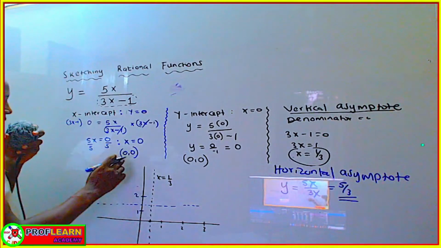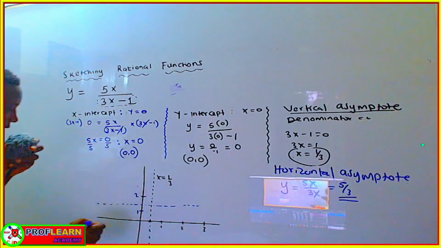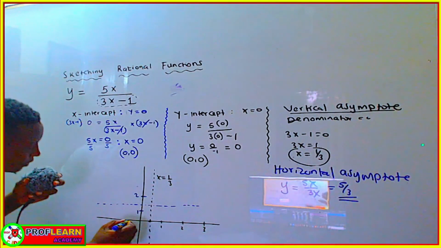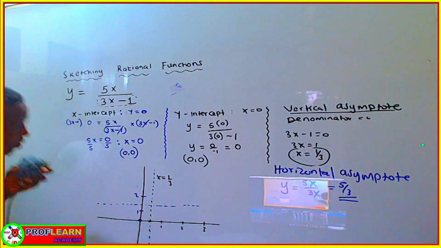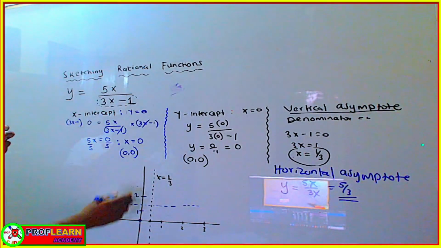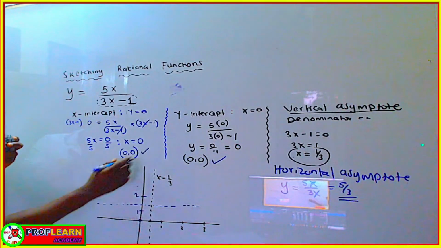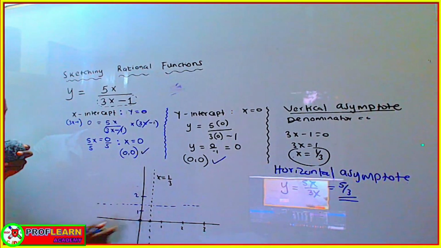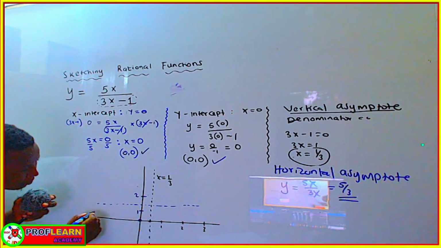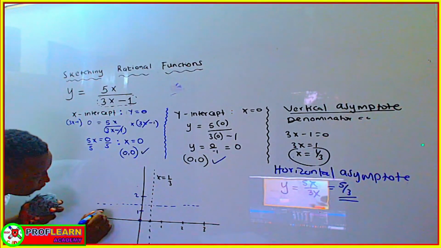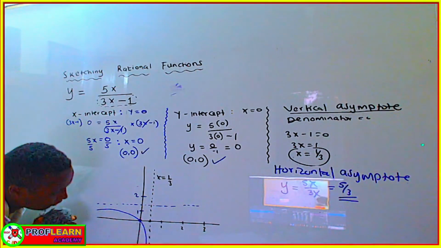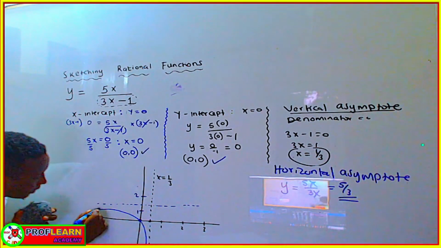Now let's go back. The x-intercept is going to be (0, 0). The y-intercept is also going to be (0, 0). So our graph will pass like that. Our graph will behave like that.